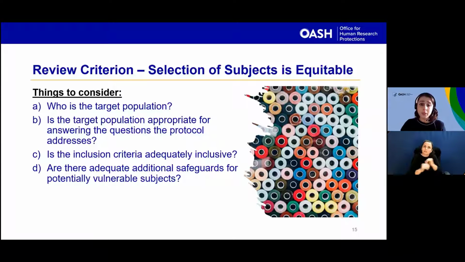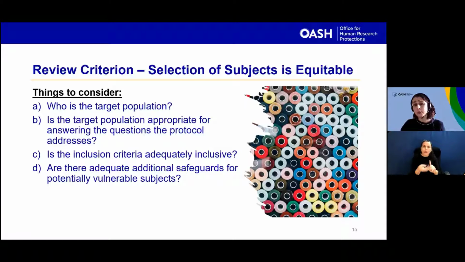So all of this is to say that you'll need to carefully consider who you include and exclude for participation and why, and offer a clear explanation and justification for your criteria for IRB consideration. This criterion also calls for the IRB to be particularly cognizant of the special problems of research that involves a category of subjects who may be vulnerable to coercion or undue influence.